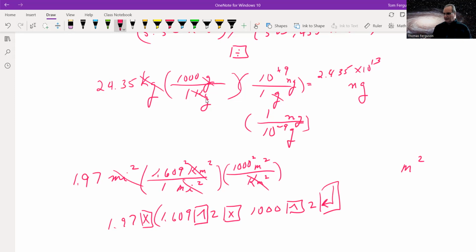So instead of saying caret 2, you just hit the X squared button in lieu of the caret 2. Okay, a lot of you didn't square the 1.6 with 1000.